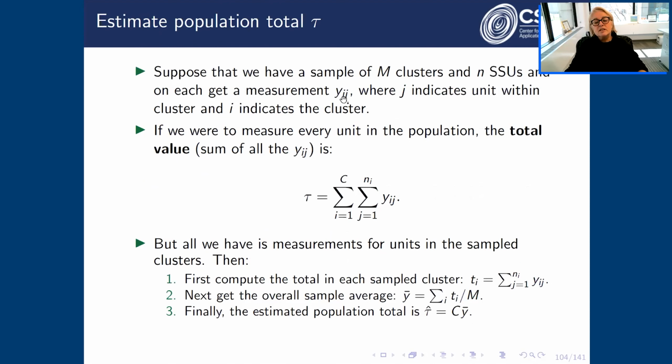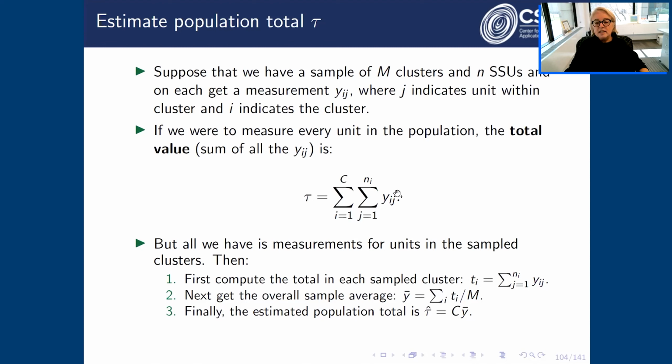And we measure whatever it is we're measuring in each one of the units inside each one of those clusters. So if we were to measure every unit in the population, which of course we won't, the total value, which is the sum of all the measurements, is what I'm calling tau here.